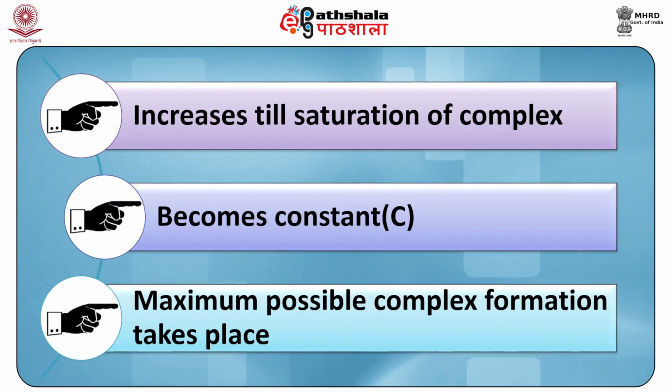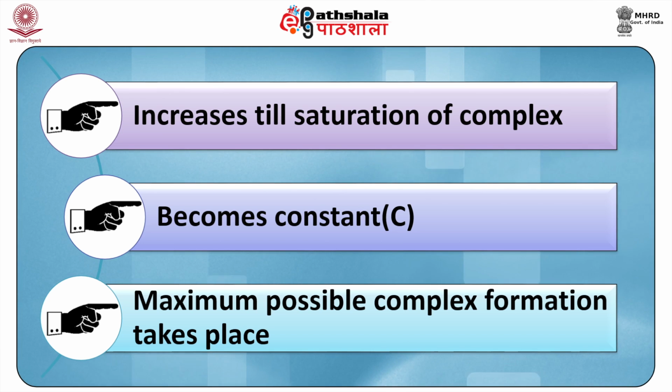Therefore, the plot is obtained by drawing a tangent at mole fraction x equal to 0 and at a point where it becomes optimum, that is, here it is ML6 in the above-mentioned system. The absorption first increases till the saturation of the complex and then it becomes constant.